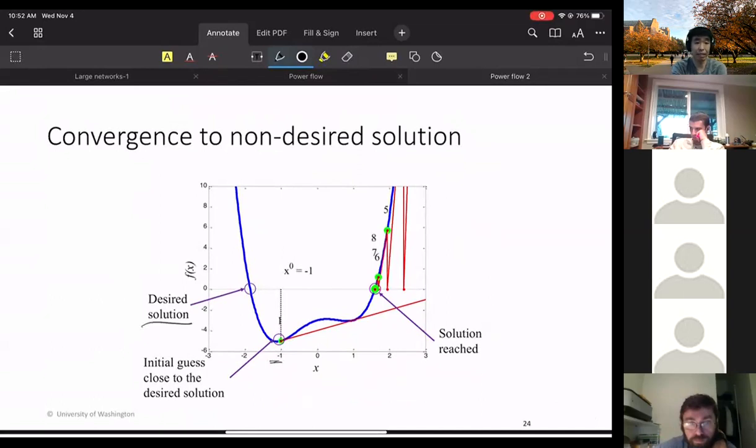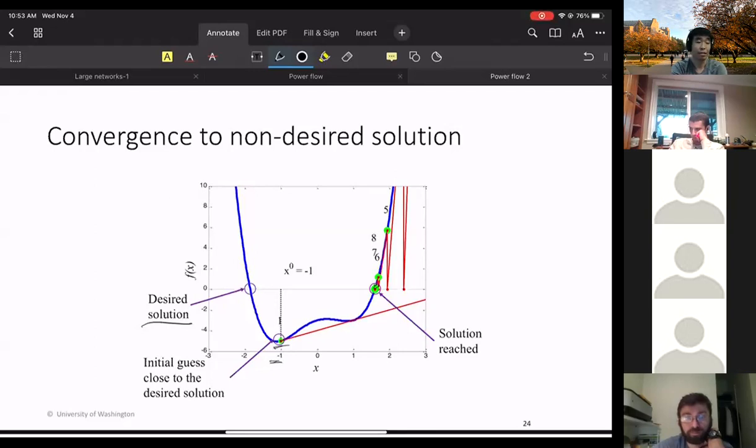You imagine if I'm not too far away, maybe I will converge to it. For this kind of problem, not always. Here, when you guess close to the desired solution, you actually bounce all the way around and come to the other solution. Just the way Newton-Raphson works out.